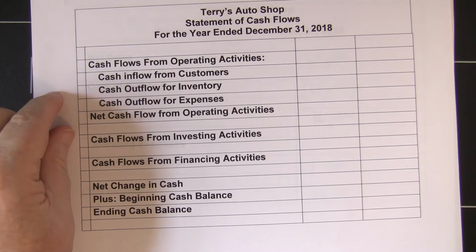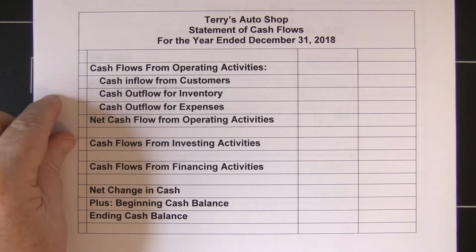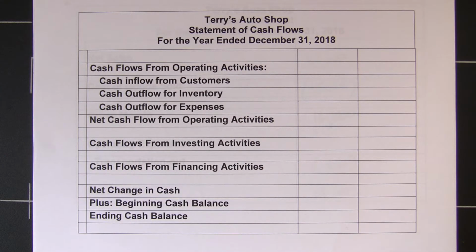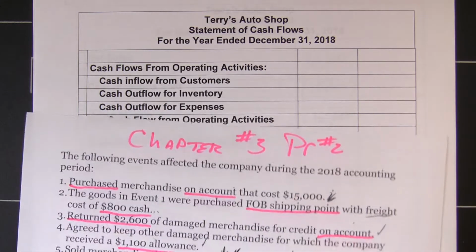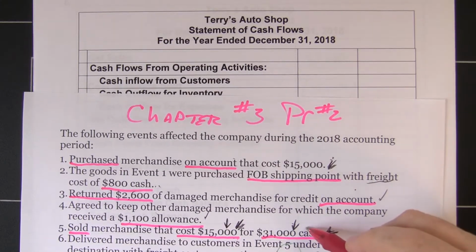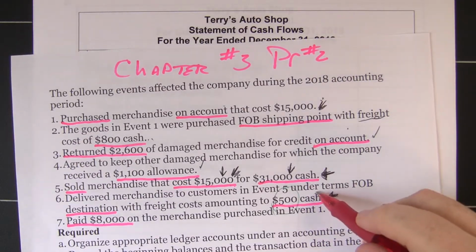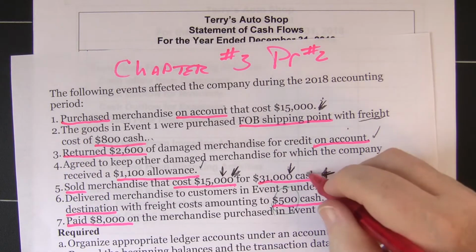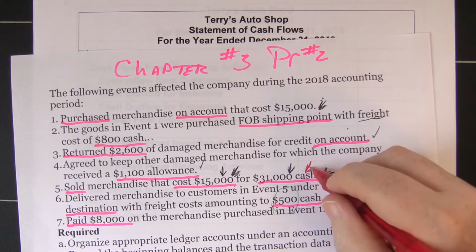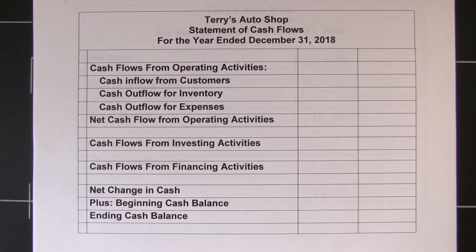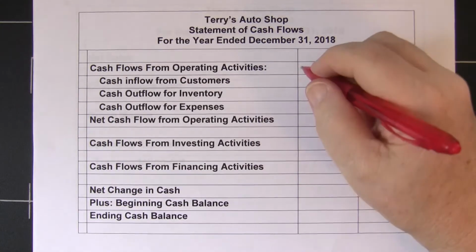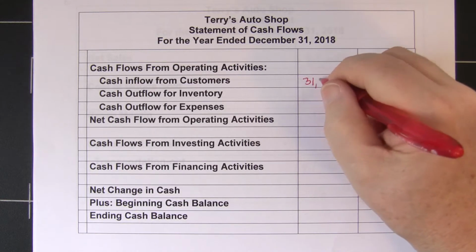Well, we have cash inflows from customers. Remember, that's an operating activity. It's doing what we do. So cash in from customers, right here, $31,000.